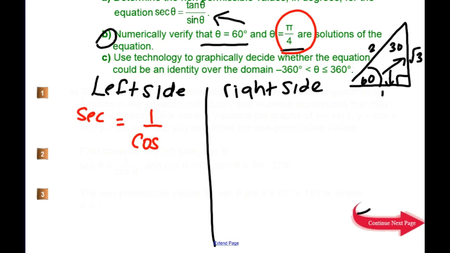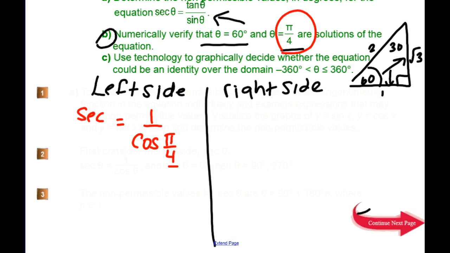So we're initially looking for 1 over cos pi over 4. If you wanted to change this pi over 4 to degrees, that is a way you could solve it. I'll solve it using radians, but know that if you want to, you can figure out what this is as a degree.